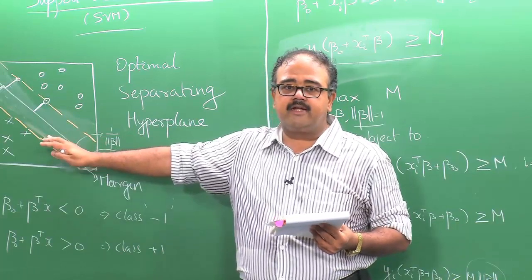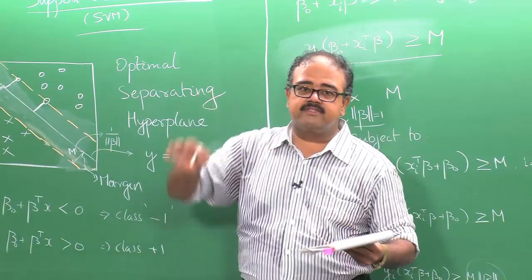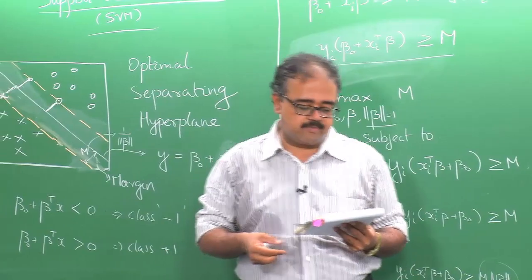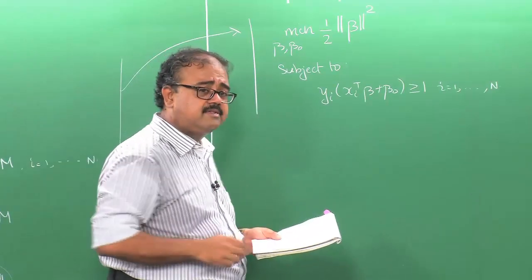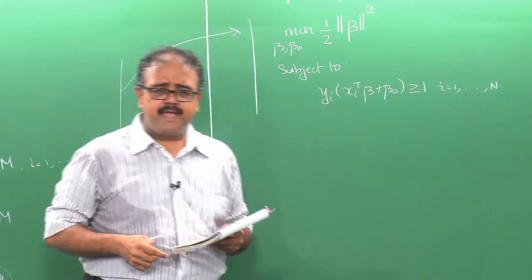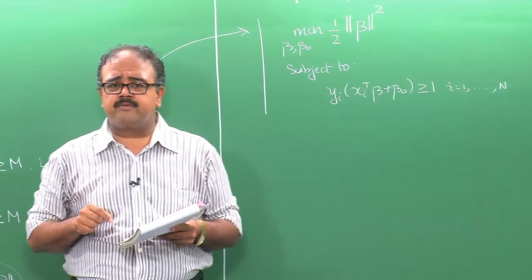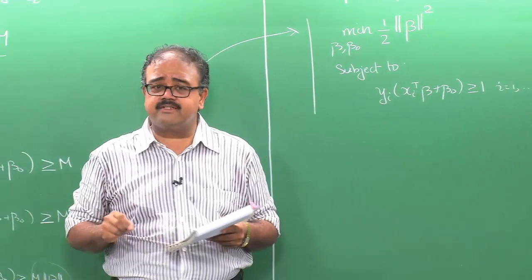So, I am trying to now maximize the width of this region, so that there are no data points in that region. That is essentially the idea behind this optimization problem. So, this defines the basic optimization problem in the case of support vector machines.